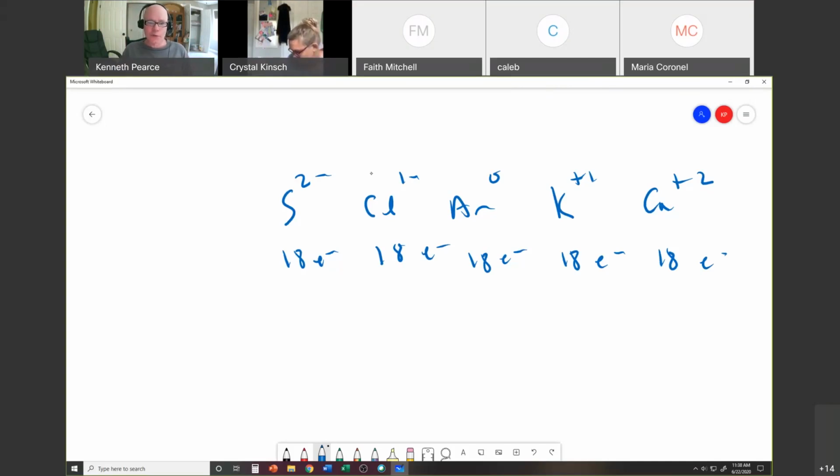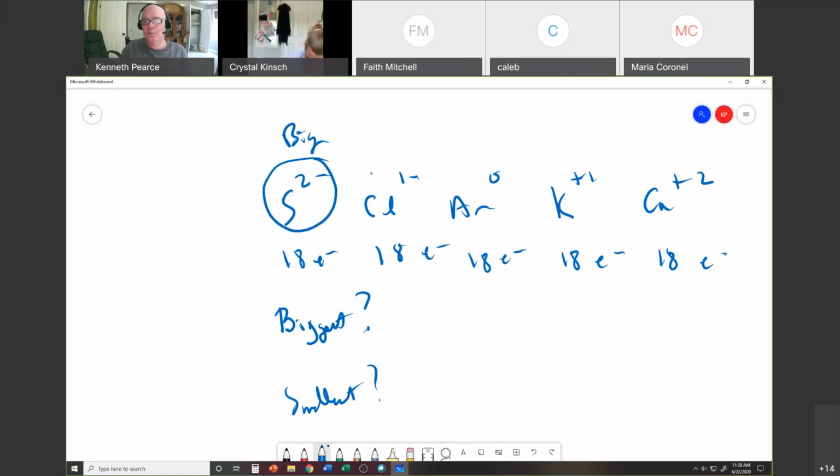How do you tell which one's biggest and smallest? Who's the biggest out of the bunch? It would be the sulfur, wouldn't it?